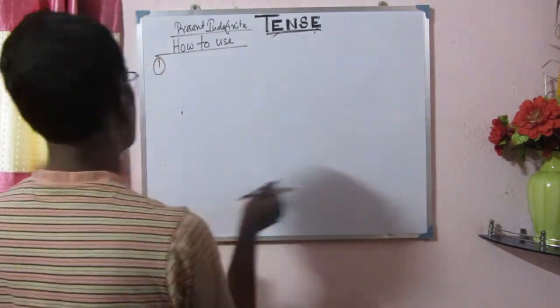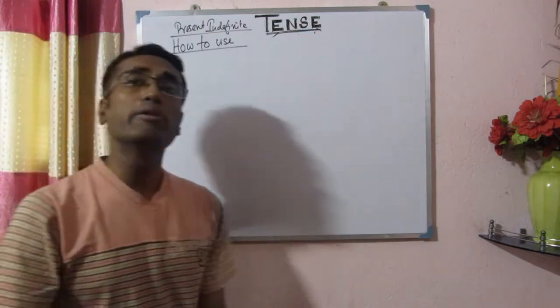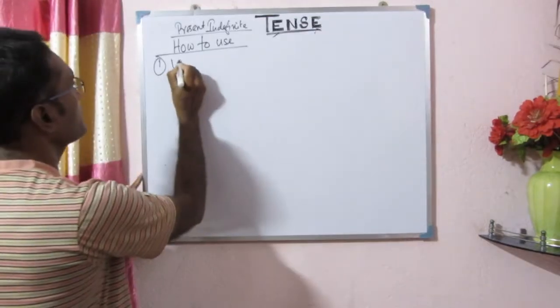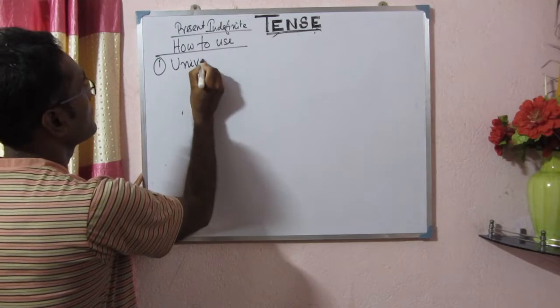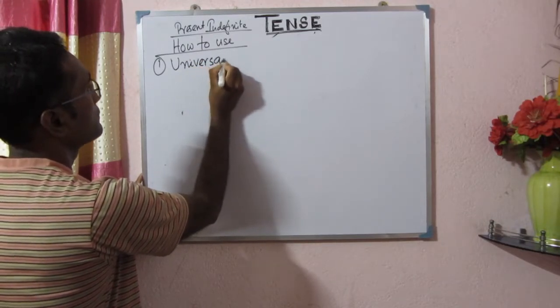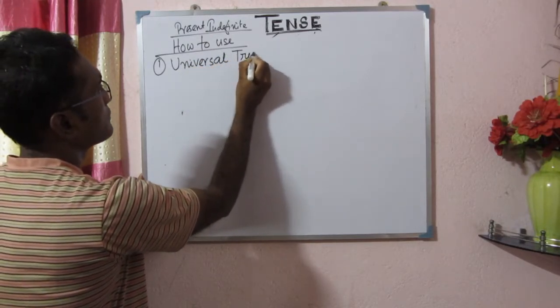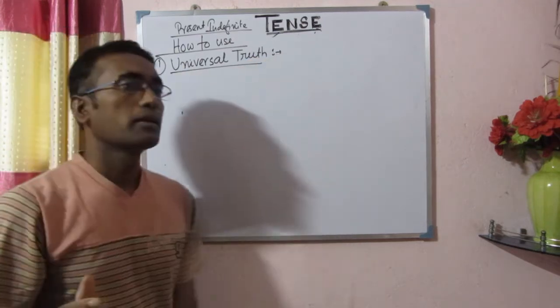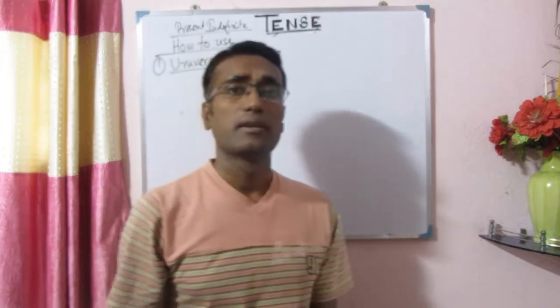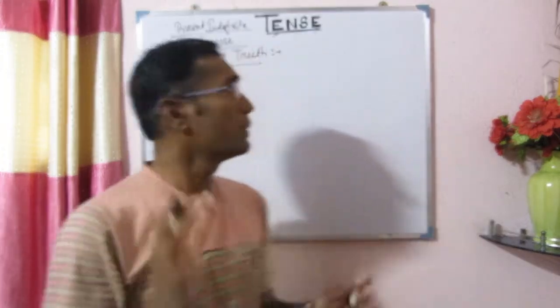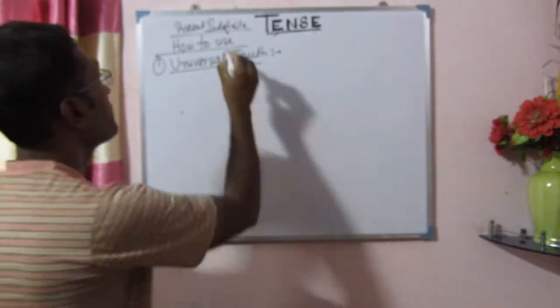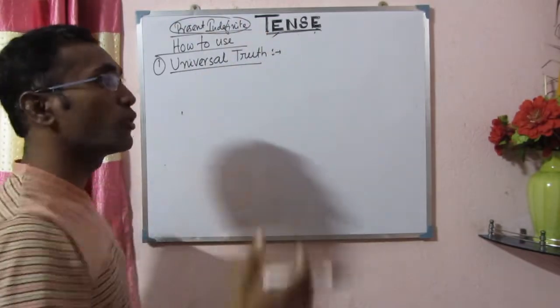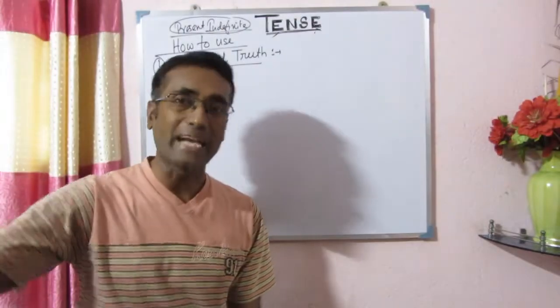Now we discuss in which ways we use present indefinite tense. Number one is universal truth. When the statement is universal, then you have to use present indefinite tense when you are speaking about that truth.